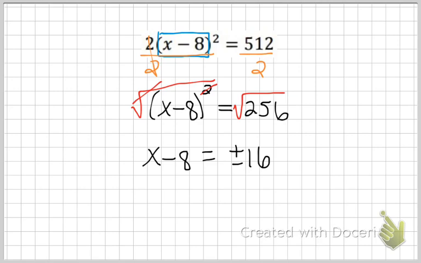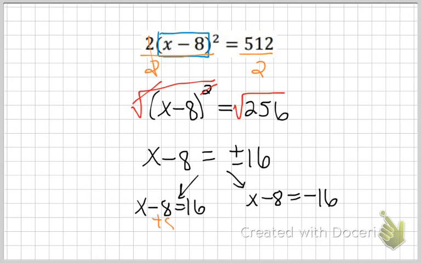So we're going to have to break this into two options: x minus 8 equals positive 16, or x minus 8 equals negative 16. And so we solve for x. We add 8 on both sides.